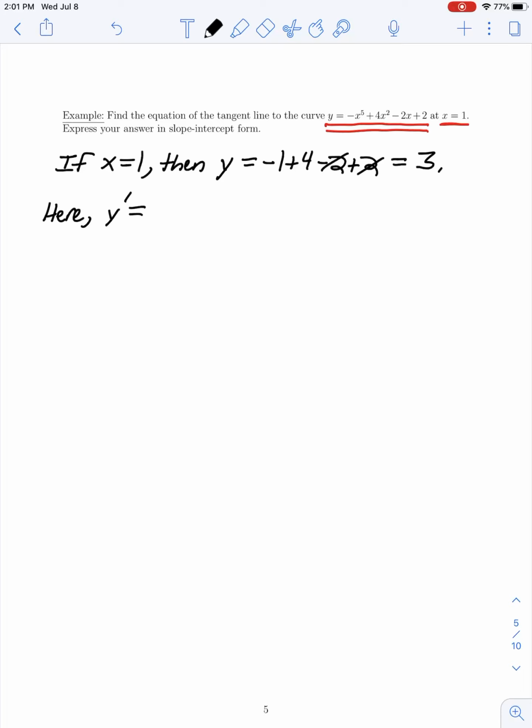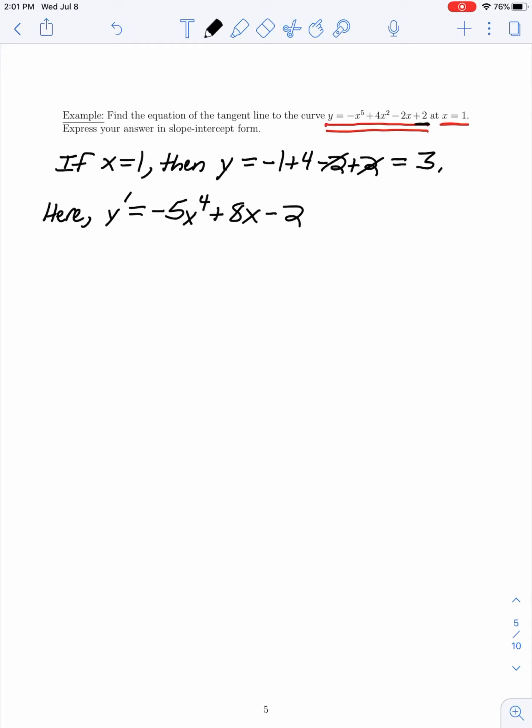So using the sum difference rule, we find the derivative of y would be negative 5 times x to the fourth plus 8x to the first minus 2. And then plus our term on the end is a constant 2, and the derivative of any constant is 0. So here I don't need to write my plus 0 on the end.